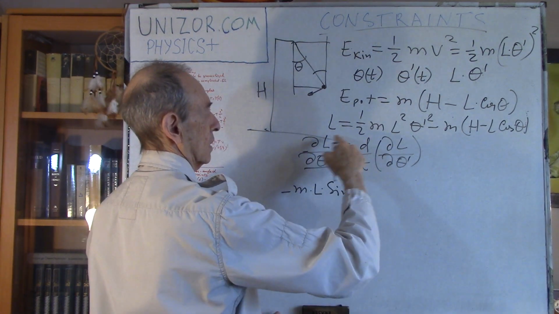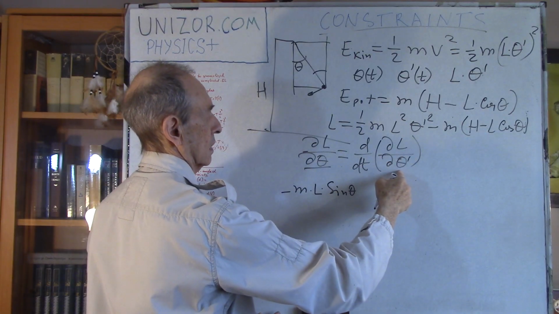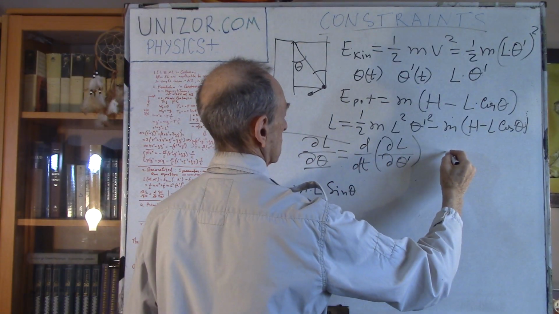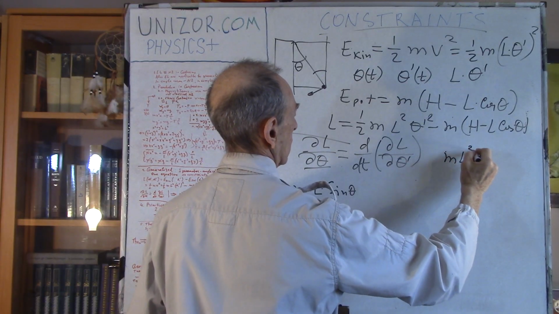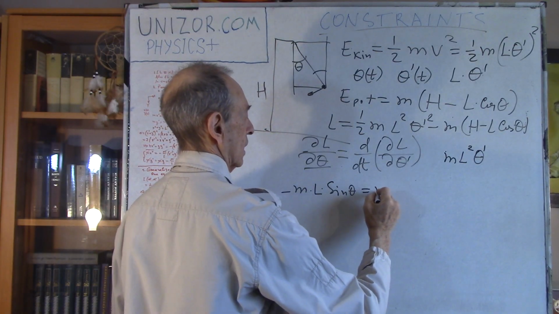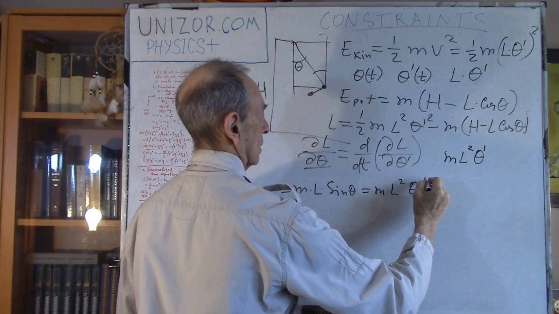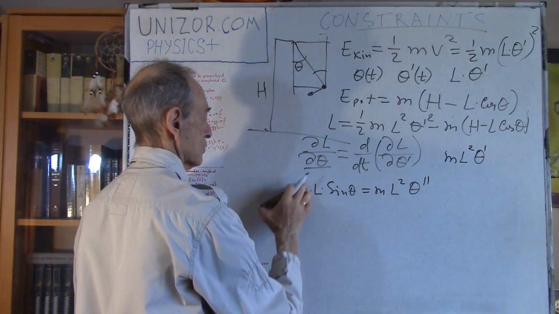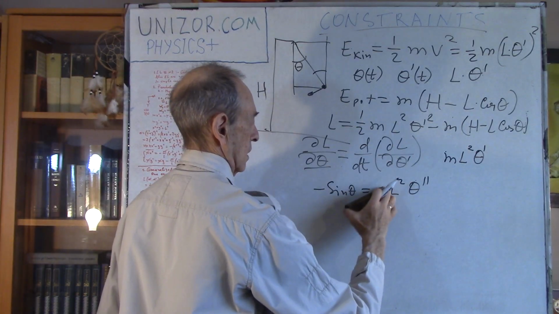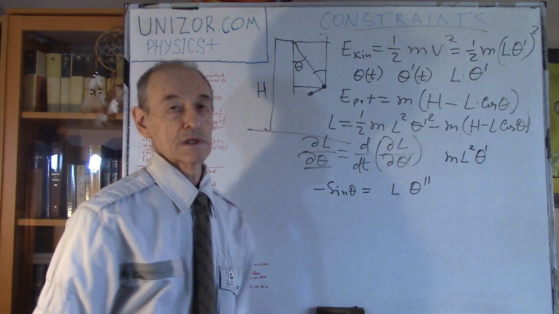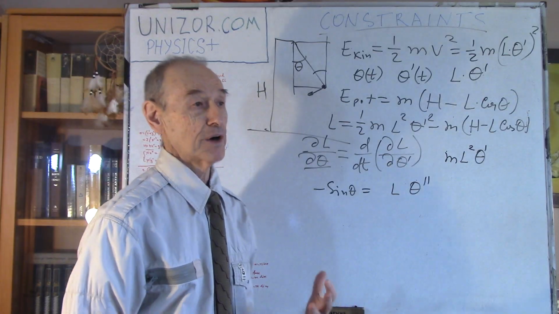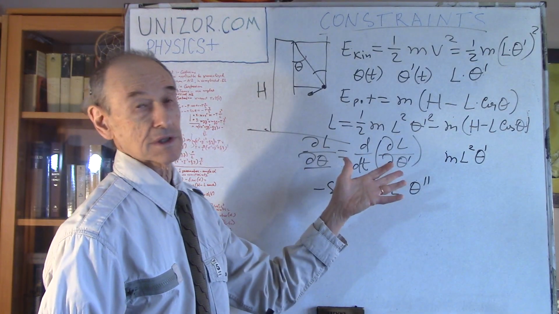Now, the derivative of the kinetic term by theta prime would be 2 and 2, mL squared theta prime, and then by time it would be mL squared theta double prime, from which follows what? m cancels out. Here is an equation. Simple. Okay?